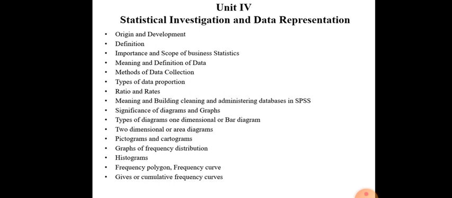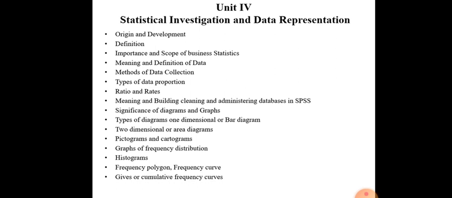First of all, you should know what is meant by statistics. All these things we will cover in the next lectures; in this session we only see the syllabus. Statistics means the collection, presentation, analysis and interpretation of numerical data.